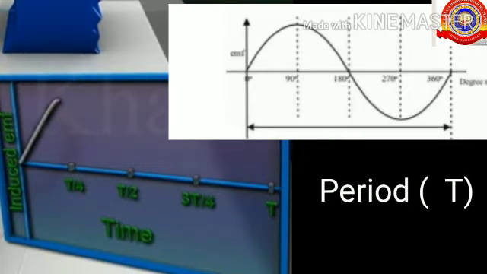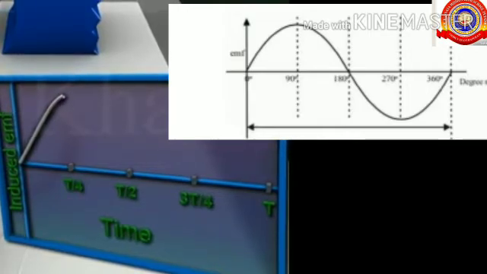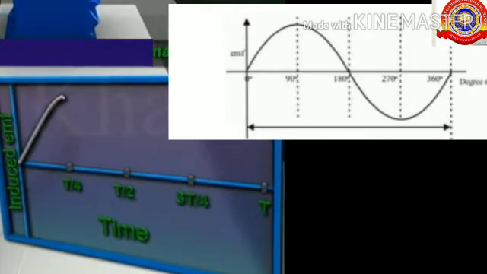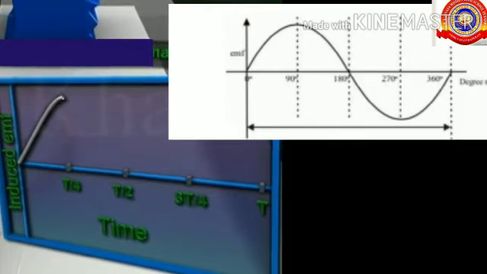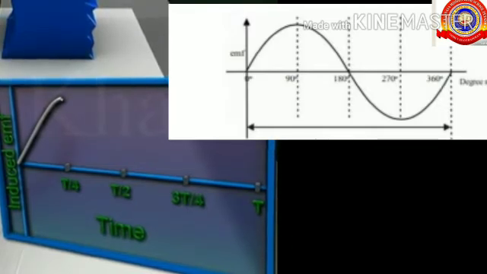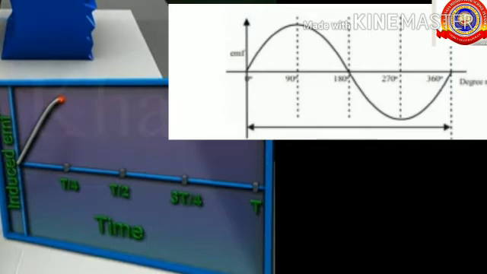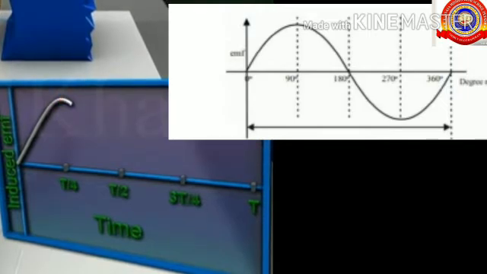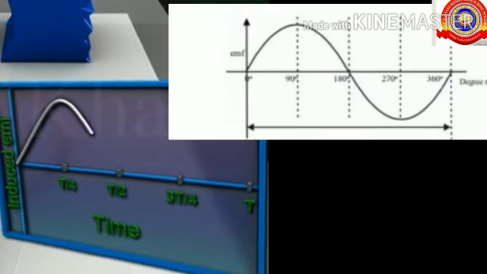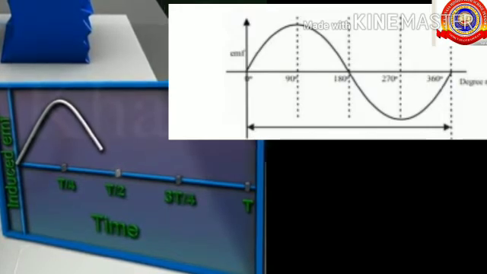Okay, and here at the points 90 degrees and 270 degrees, the value of induced EMF in volts will be maximum. At the points 0 degrees, 180 degrees and 360 degrees, the value of induced EMF will be 0.